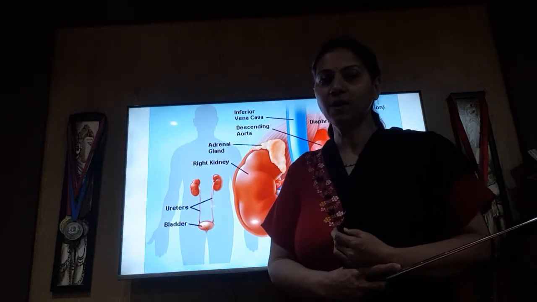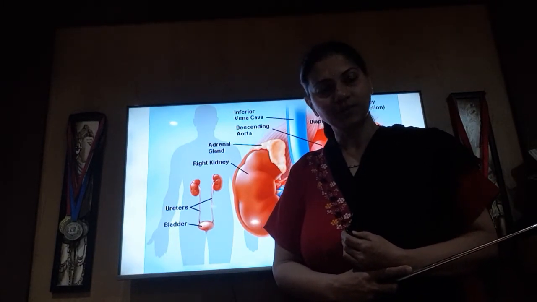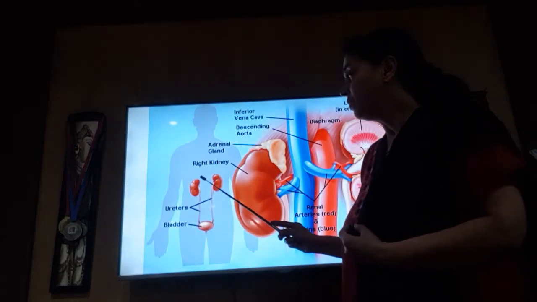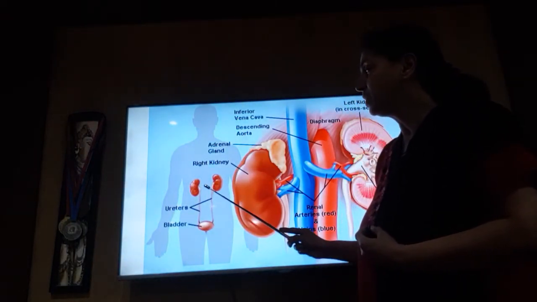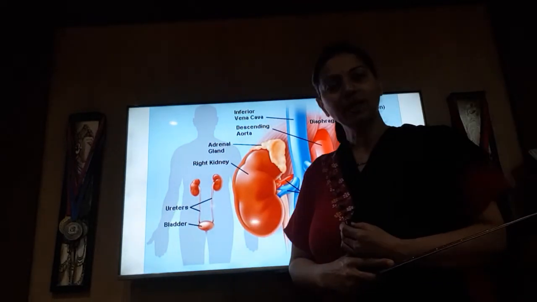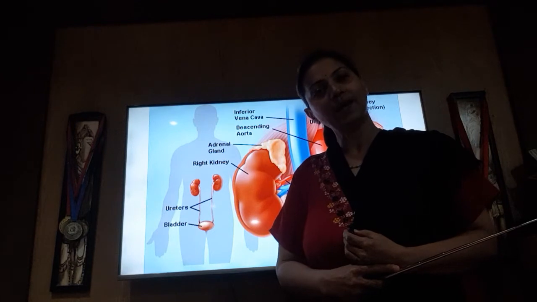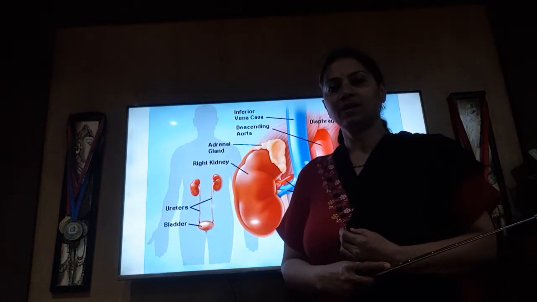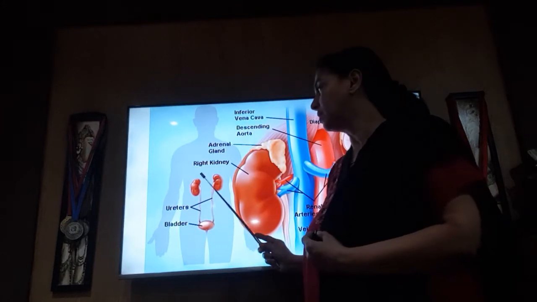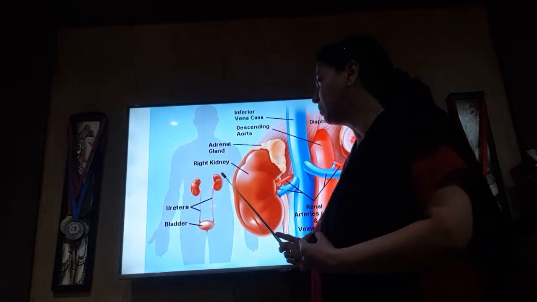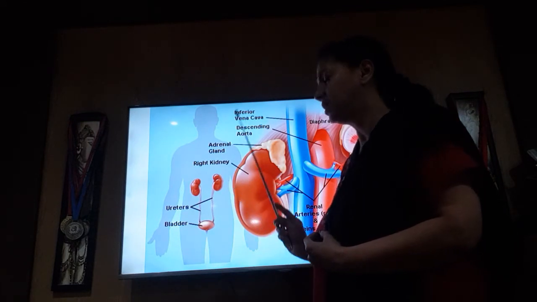But first of all, the position. When we talk in comparison to the vertebrae, it is T12 and L3. Okay? Just remember T12 and L3. These two vertebrae. In this relation, the right kidney is a little lower as well compared to the left kidney.